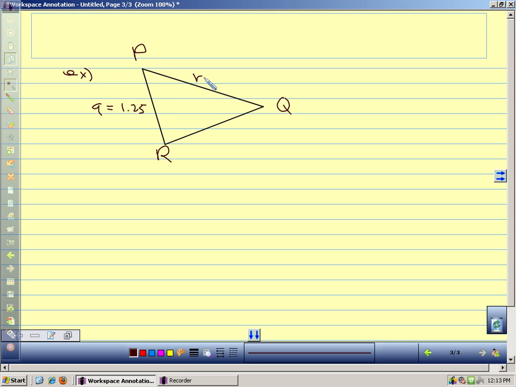Side R is 3. And side P is 2.5. In this problem, we want to find all angles. So we have a side, side, side. So we're going to use law of cosines.